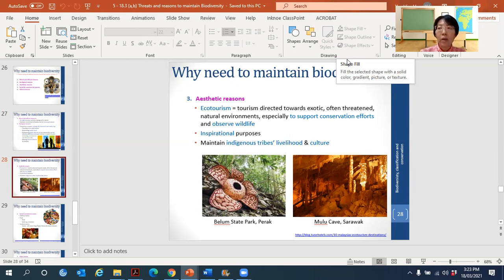When they go to the area and maybe stay in a hotel in a nearby area, the hotel will impose certain fees, or they buy tickets to enter, so the entrance fee helps to maintain the area by employing people to take care of the place. Okay, so that is an aesthetic reason.